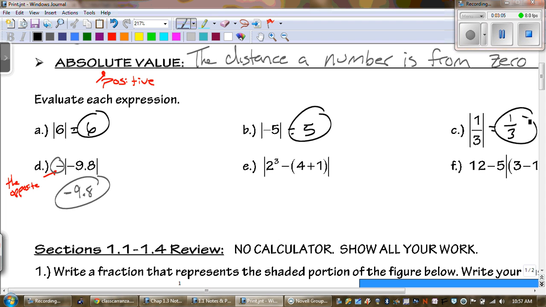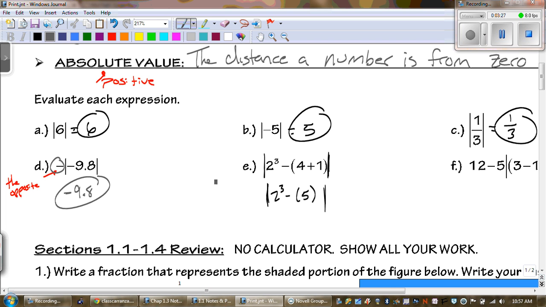I'm sorry. Okay. Now, when we've got the absolute value bars and a bunch of stuff in between, we want to solve those. So inside, now we just follow order of operations. -4 plus 1 is, I just said the answer, 5.